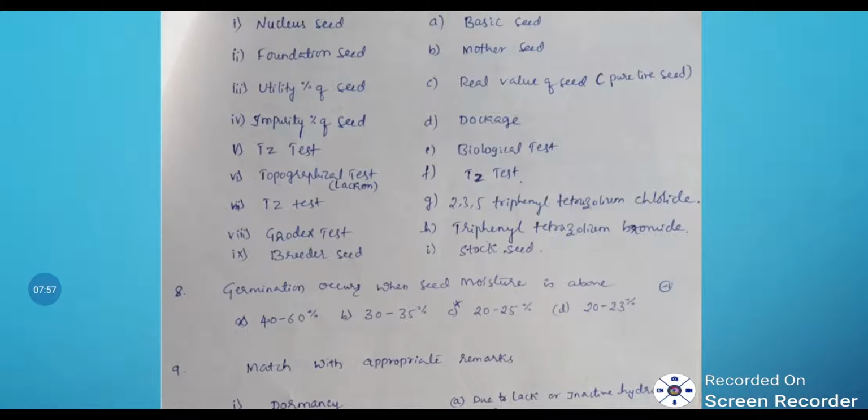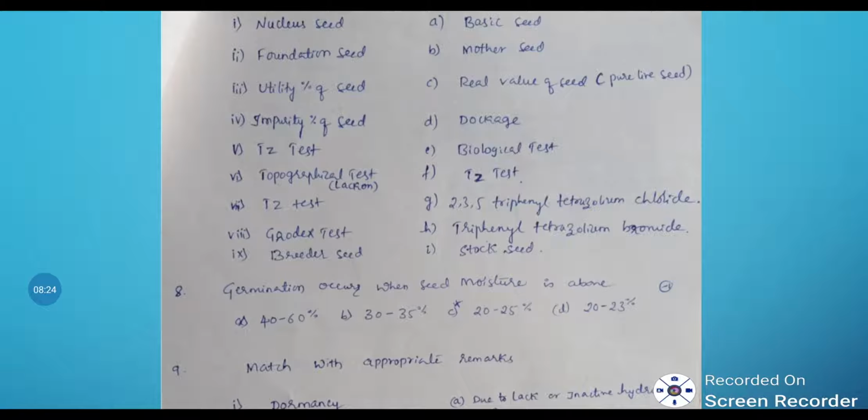TZ test is also called biological test. Topographical test or Lakon's test is called TZ test. The chemical used for TZ test is 2,3,5 triphenyl tetrazolium chloride. Grodex test uses triphenyl tetrazolium bromide.